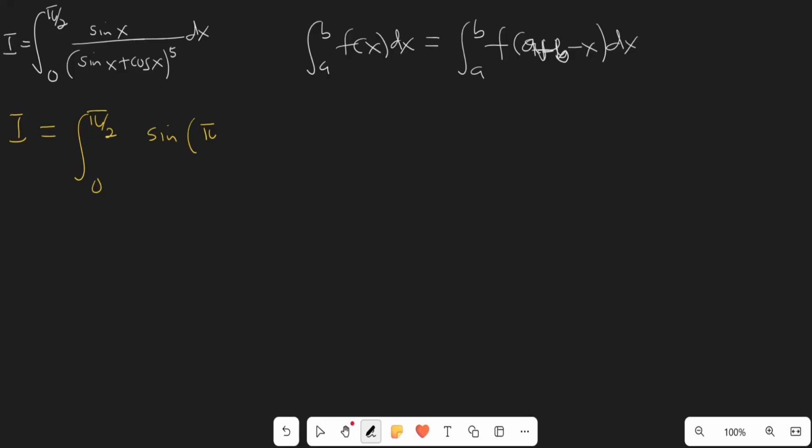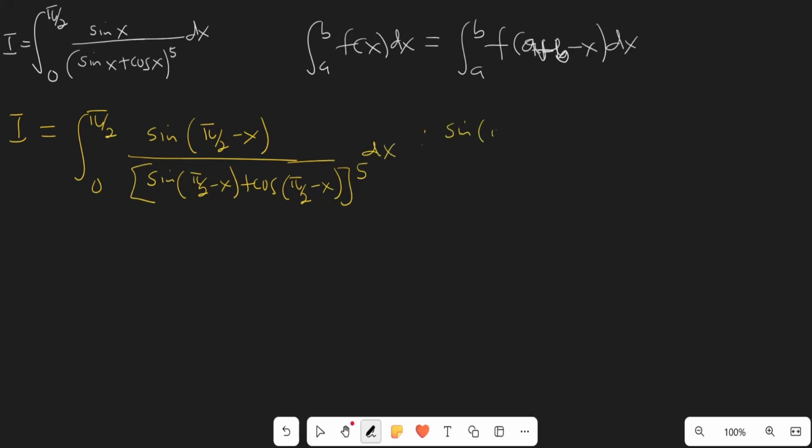So that is sine of pi over 2 minus x over sine of pi over 2 minus x plus cosine of pi over 2 minus x, all to the 5th power dx.